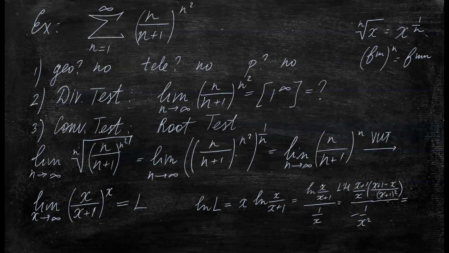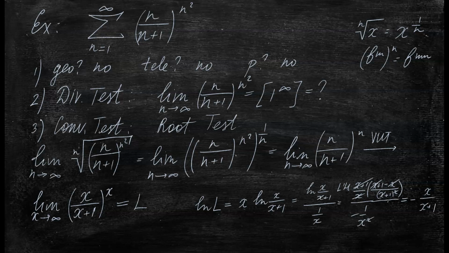And if we simplify, so x is gone, this square is gone, and we basically have negative x over x plus 1.